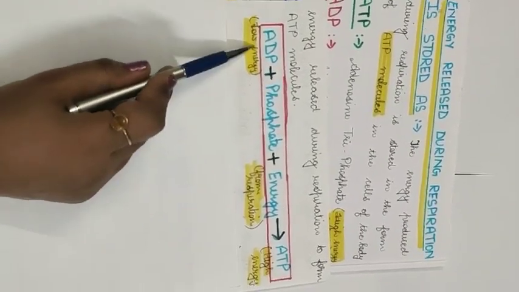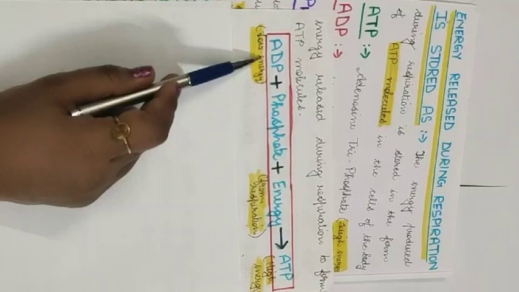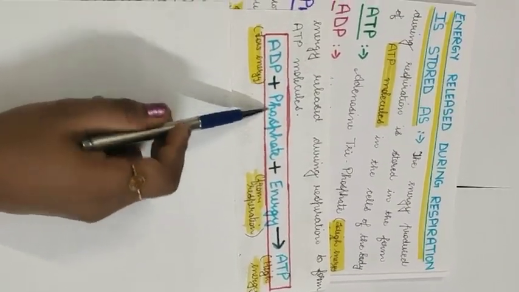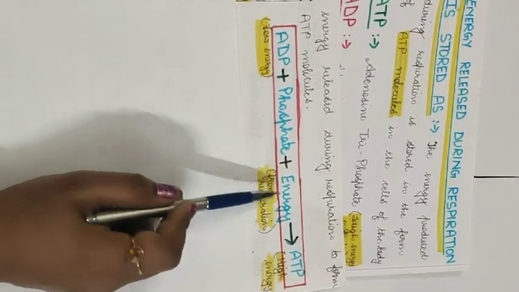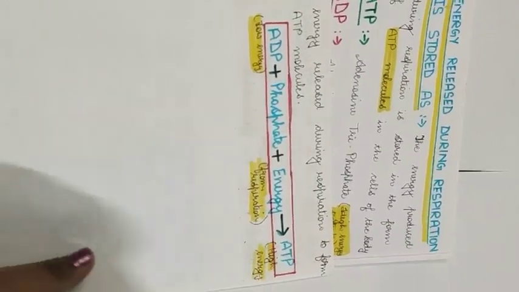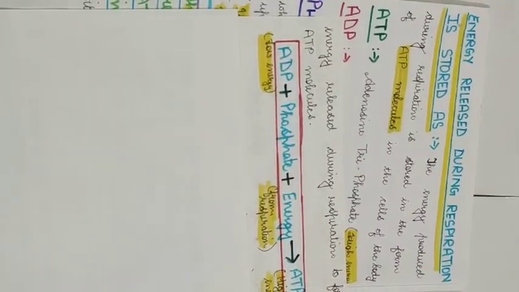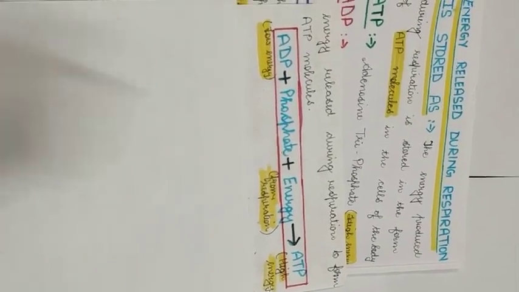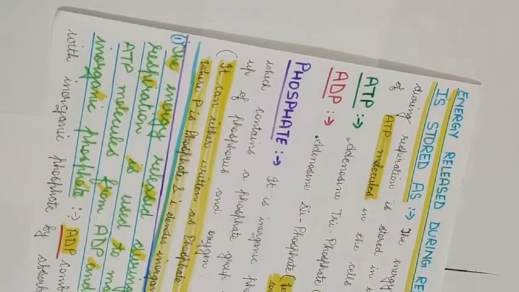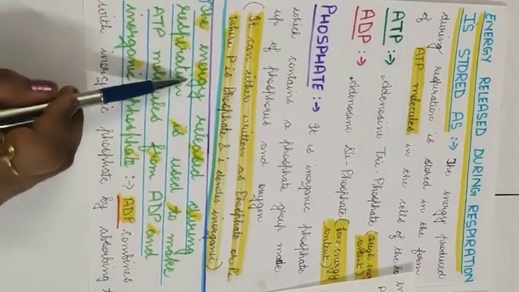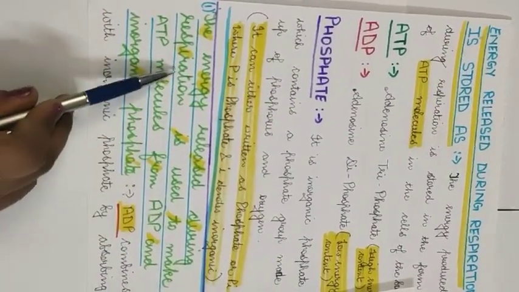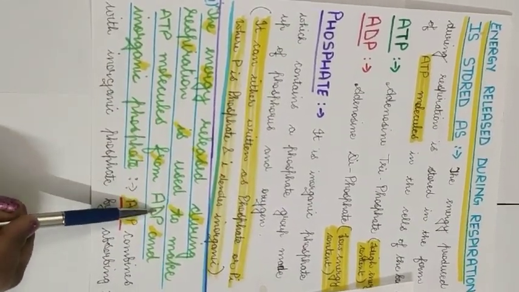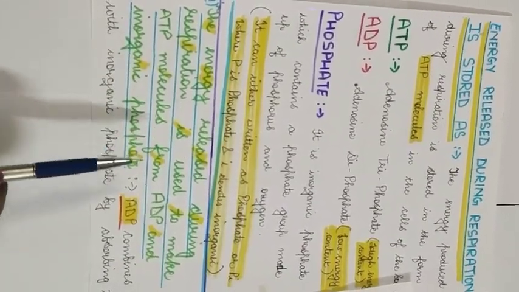That means ADP, because it has only two phosphate groups, along with the phosphate plus energy will form ATP. Okay, so now the energy is stored in the cell in the form of ATP. So once again, the energy released during respiration is used to make ATP molecules from ADP and inorganic phosphate.